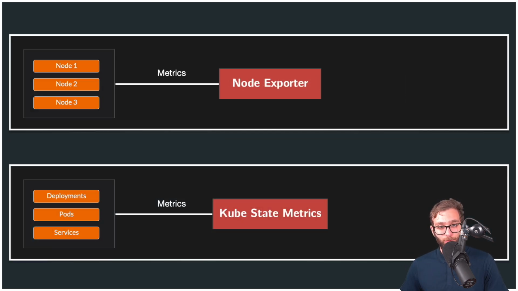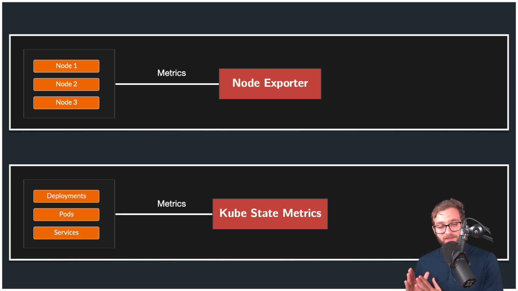The node exporter, which is designed to scrape system-level metrics from Kubernetes nodes, like CPU, memory usage, disk utilization. And we've got the kube-state-metrics, which is another Prometheus exporter.